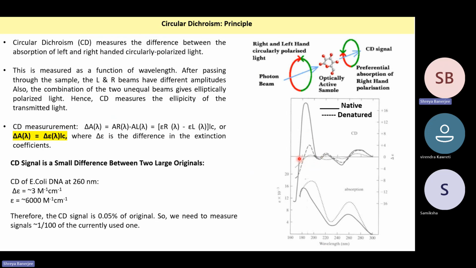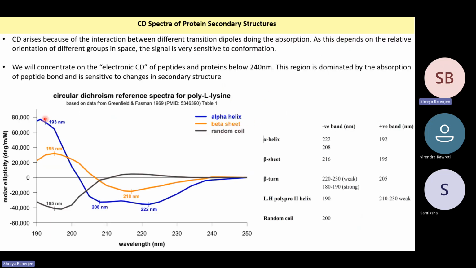Now, circular dichroism is mainly used to understand the secondary structure of proteins. Different secondary structures will have very characteristic spectra. If you have an alpha helix, shown by the blue here, it will have one positive band at 193 nanometer and two negative bands around 208 and 222 nanometer.